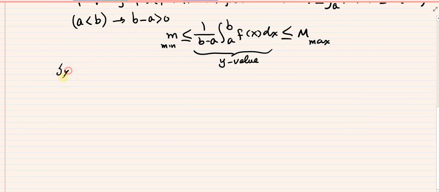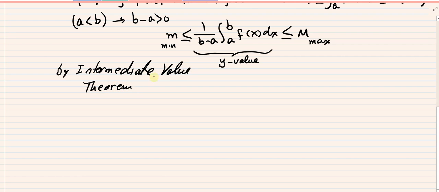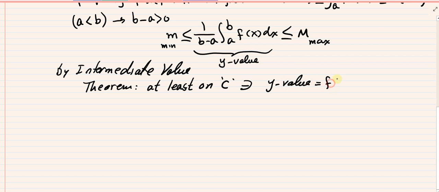I can say at this point that by the intermediate value theorem, we know that there's at least one c such that the y value is equal to f at c. Well, the y value, we're going to let it be what's inside right in here.